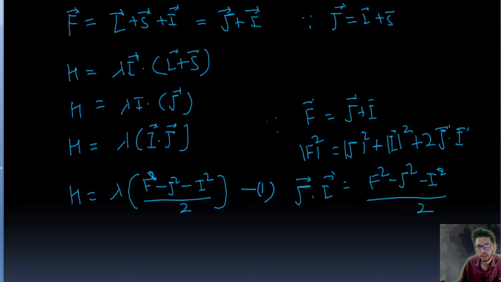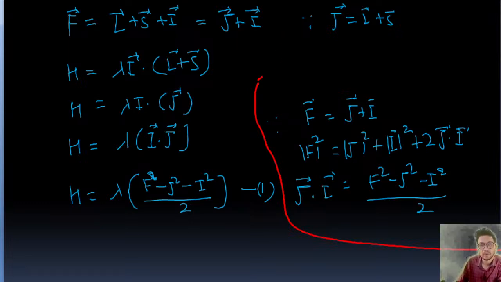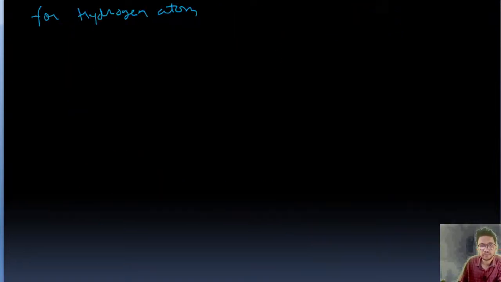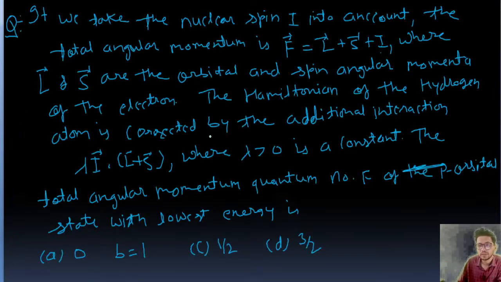So for the hydrogen atom, it is asked for the quantum number F of the p orbital state.